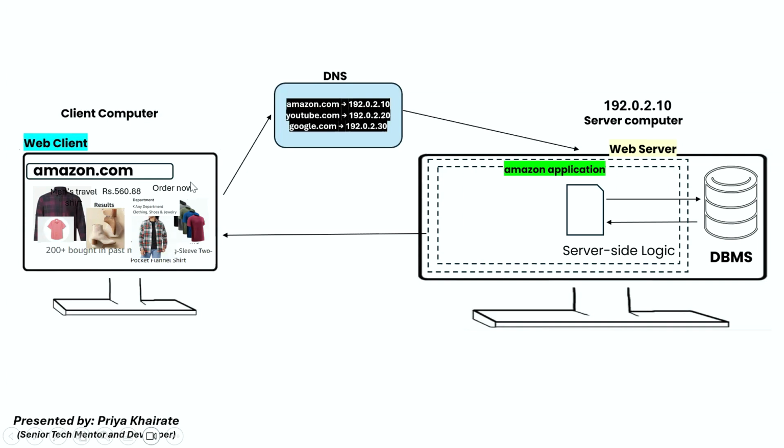This Order Now is a button, but if I click on it, which product will be ordered? This men's travel got displayed above this shirt. Overlapping is there. If Amazon displayed the data like this to you, would you use Amazon? No, you won't use it, guys.